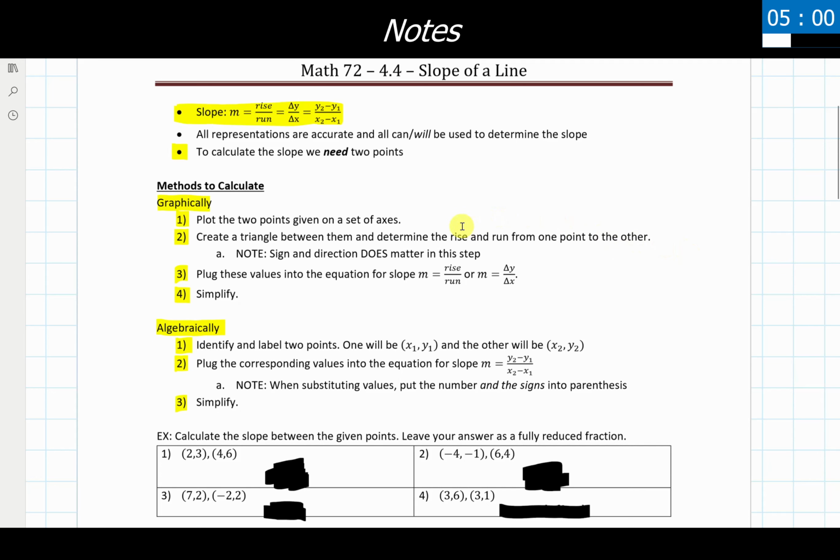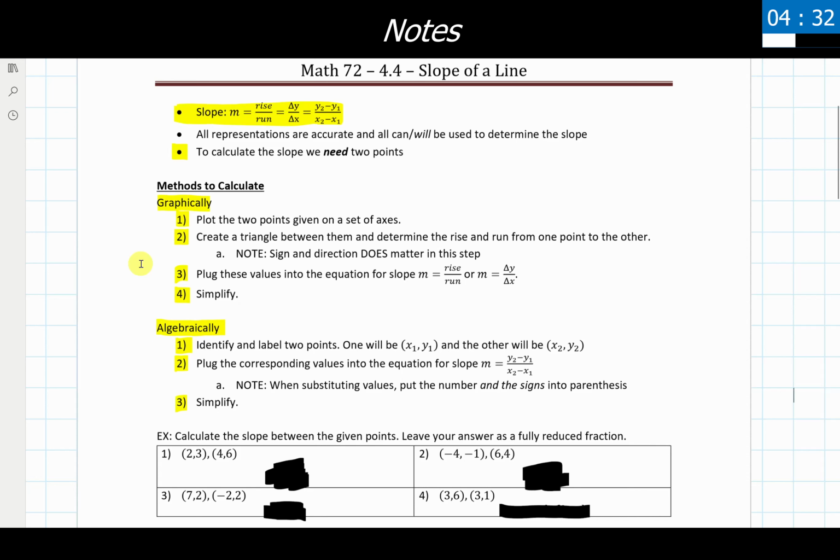Those correspond with the rise and the run, respectively. It should be noted that when we are using this method, the sign and the direction absolutely does matter in this step. That will tell us later on if we're going to have a positive or a negative slope for this overall line. So we do need to track that as we are doing this second step.